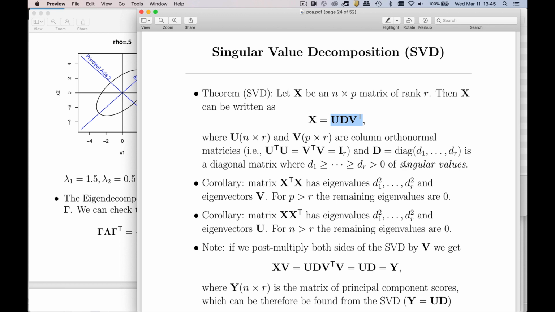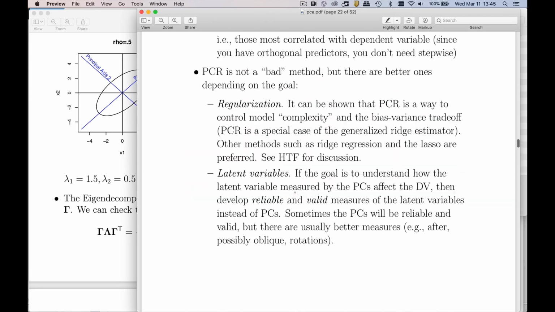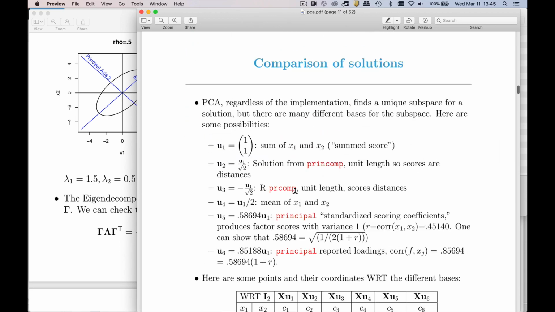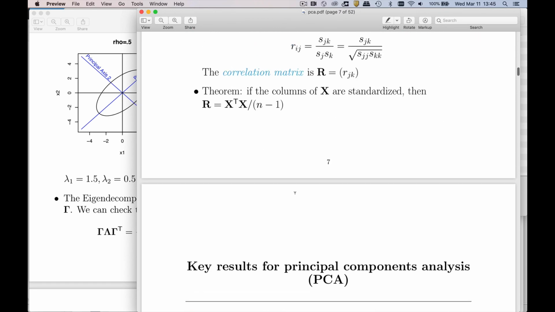Now, there's a very important corollary to this. Remember what I said about X transpose X. I told you that earlier on in the lecture last week. Maybe I should go back and show that to you again. If we go back here, there are some facts about this matrix.